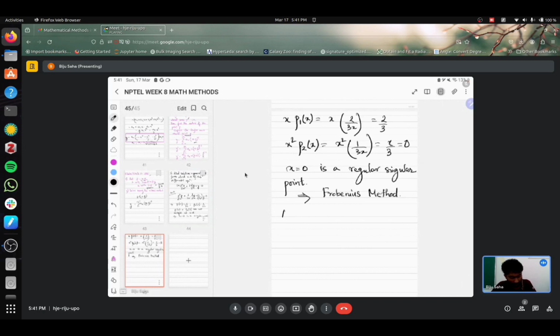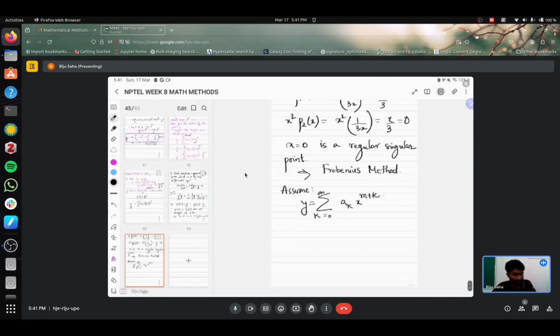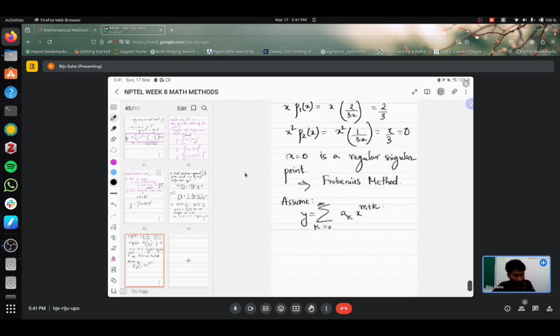So we have to assume a form of y given as this. It is not just ak into x to the power k, but there is another index m.